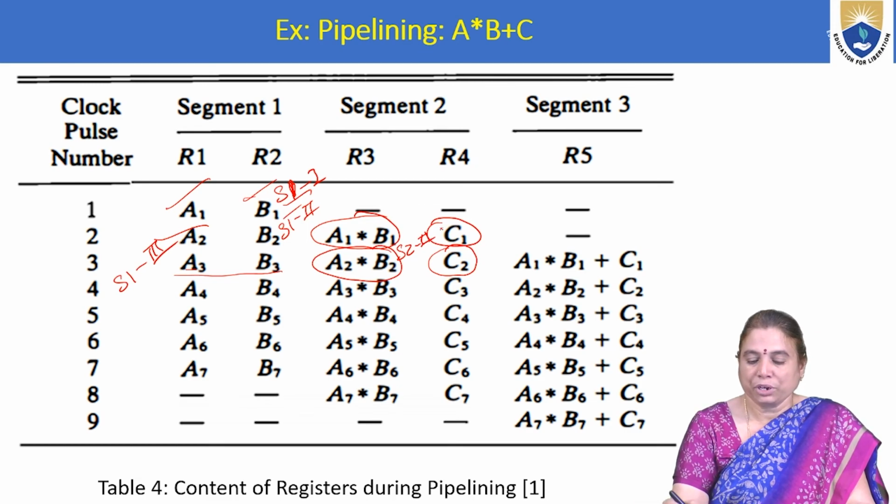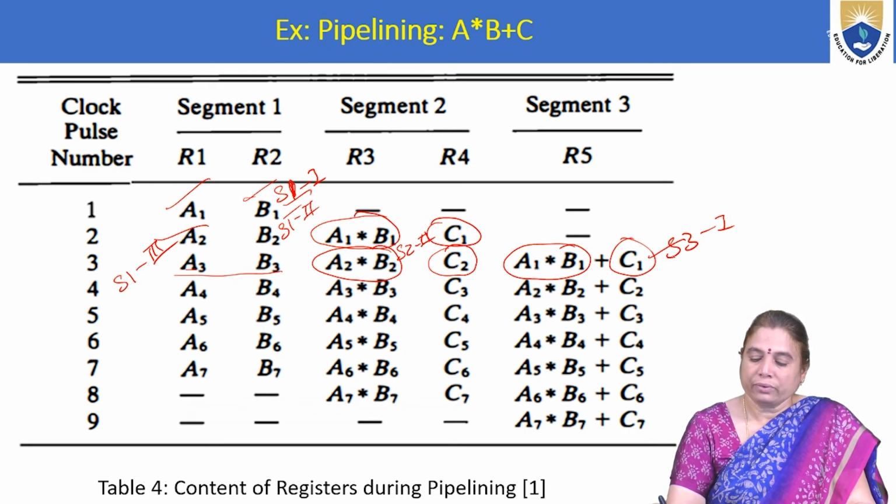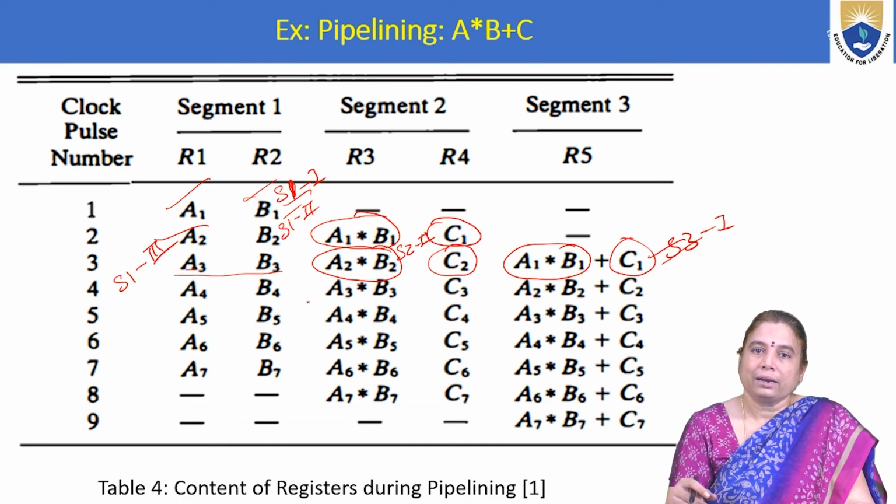The first instruction moved to the segment 3 operation where the multiplication result and the C input are added. This is segment 3 of the first instruction. So in 3 clock pulses, the first instruction execution is completed, the second instruction is at the stage of segment 2, and the third instruction is at the stage of segment 1. Like this, concurrently, the instructions can be executed in parallel processing.